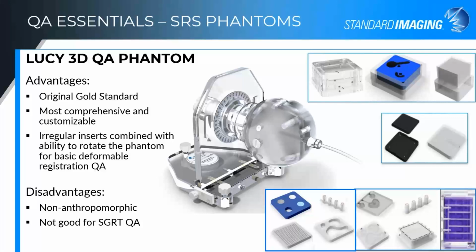One thing I didn't put on here that I'd also mention is that the precision of Lucy comes from the fact that we lock things into place. Yes, we do use tools to do that, but for example, here on the front of the sphere, you see the locking mechanism for a detector. And that means if you rotate your Phantom or if you move your Phantom, you're not going to have to worry about your detector sliding out of position and creating an air gap exactly where you want to take your measurement.